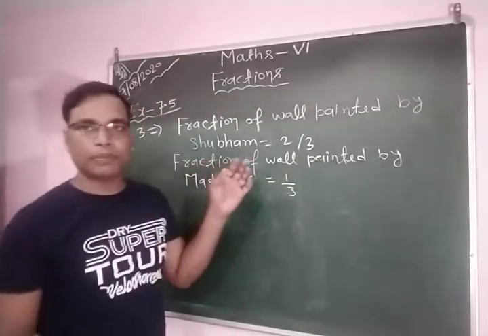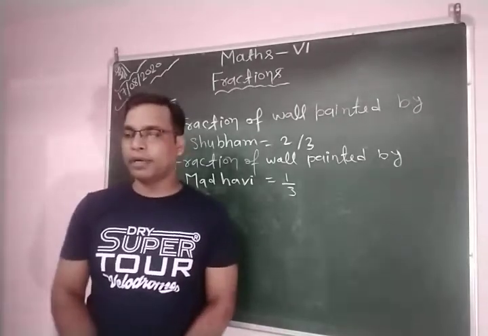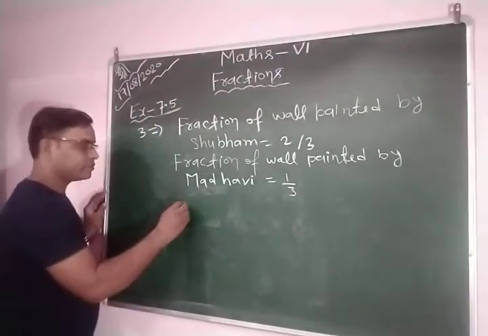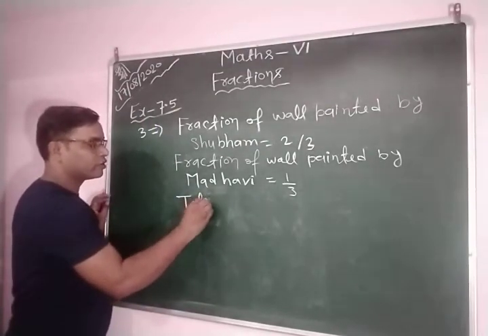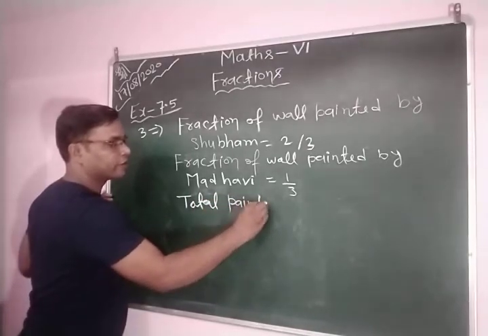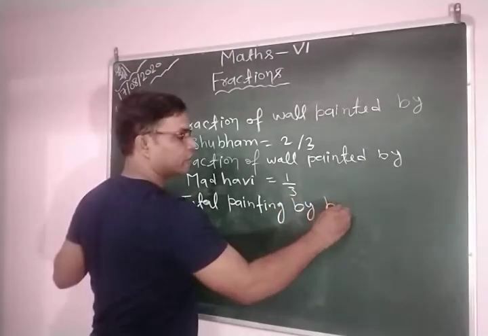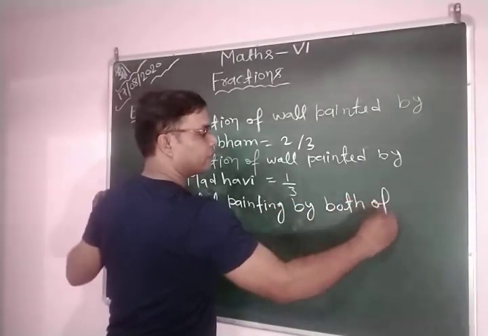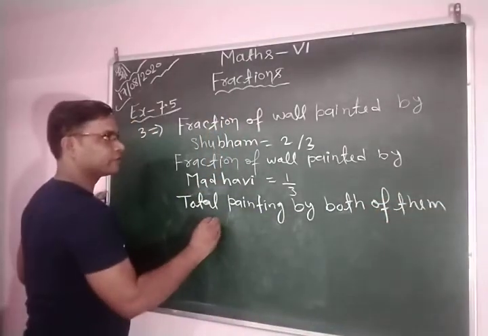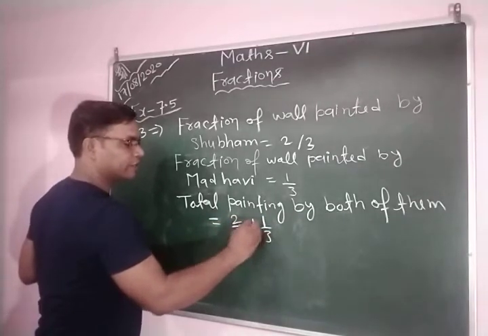A 2 by 3 portion is painted by Shubham and a 1 by 3 portion is painted by Madhvi. So the total painting by both of them is equal to 2 by 3 plus 1 by 3.